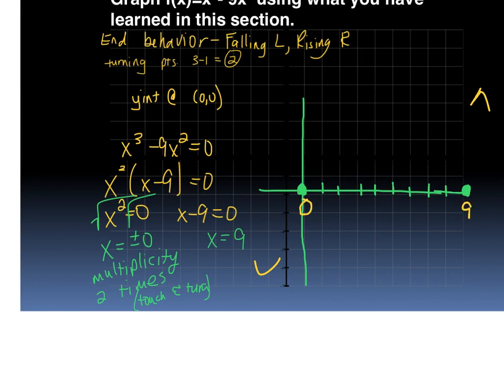What is happening at 0? What's my graph going to do? It bounces. It touches and turns. So it's going to go up to 0 and bounce and then go down and then come back up and do what at 9? Go through. So it's like this. Again, I don't care how far down you go, anything like that. That's not my concern. My concern is that you understand what's going on at each specific point.